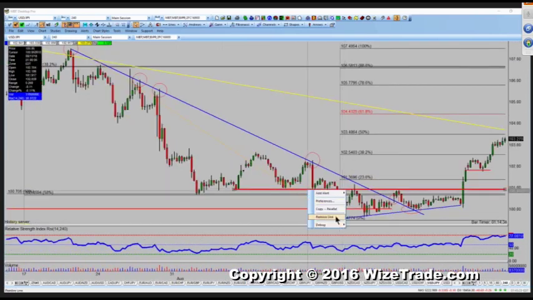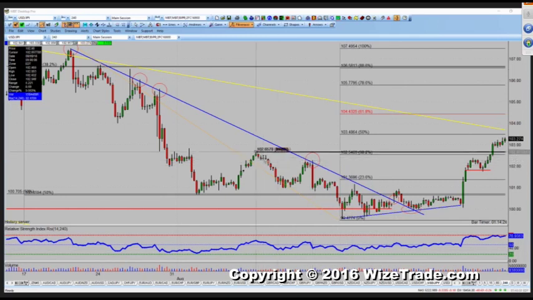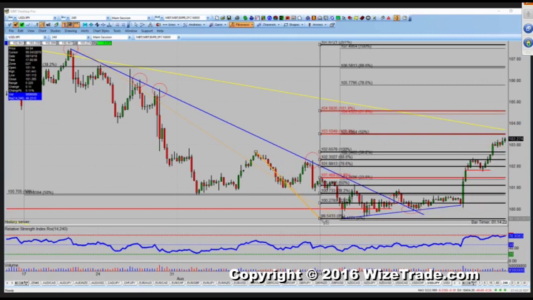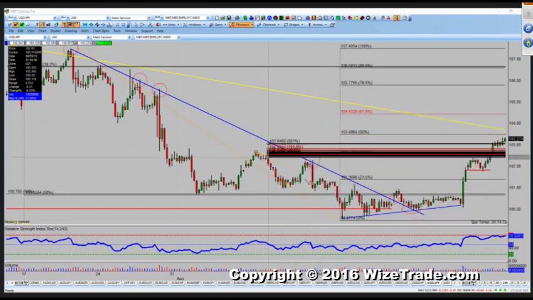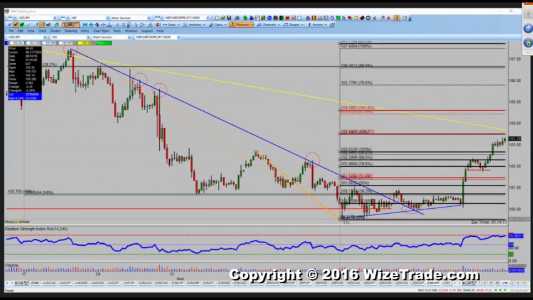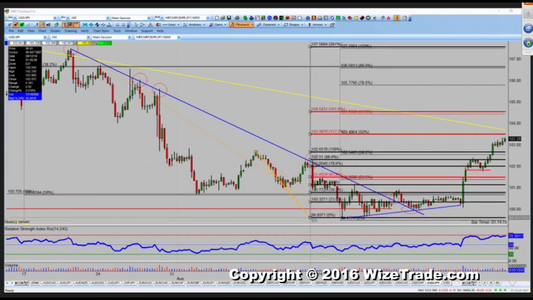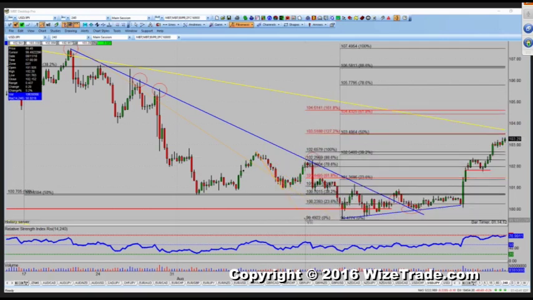Let's get rid of this really quick. So if you take this last move lower, like this, you can even go right here, from that peak to the lows, you notice, let me move this over a little bit, we have a 127% extension too at 103.50.